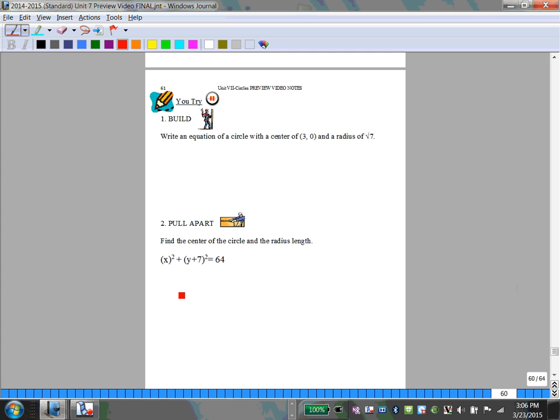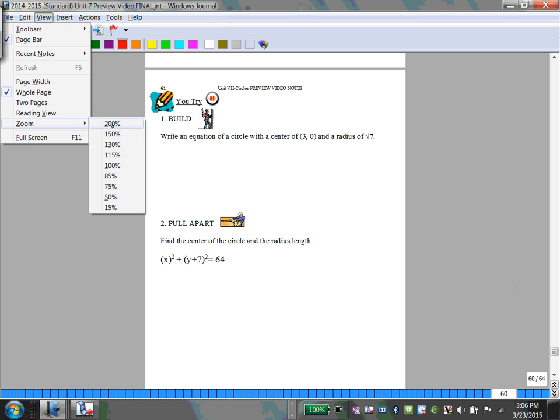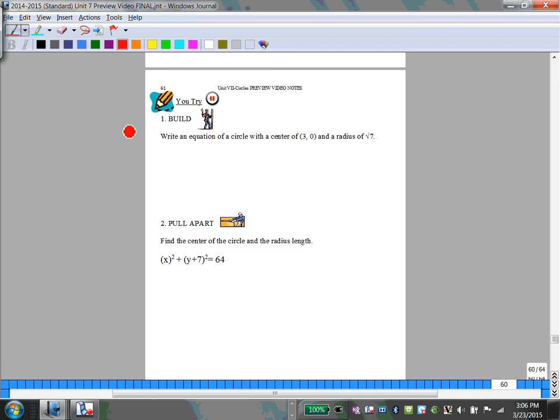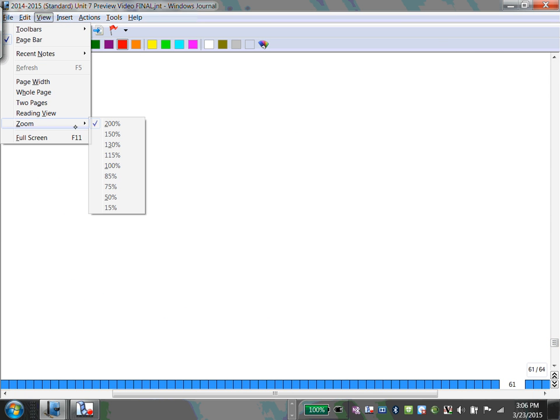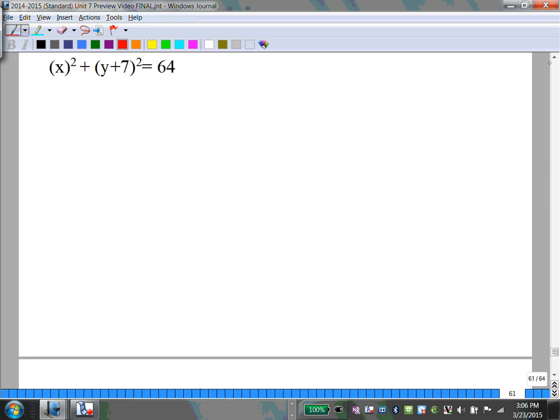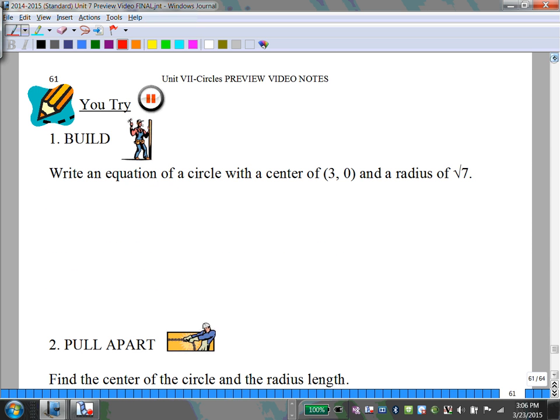Okay, let's see how you did here. Build, pull apart, graph. So the first one, we had to build an equation, and we have here an h of 3 and a k of 0 and a radius of root 7.